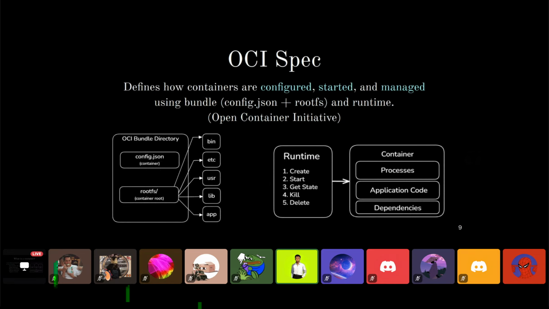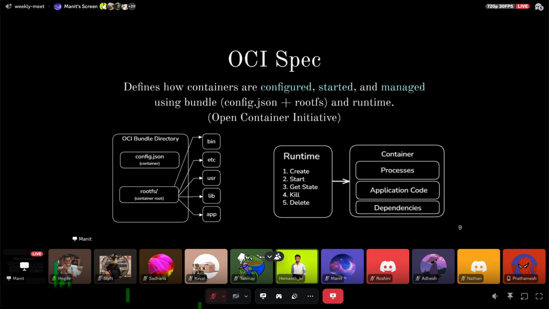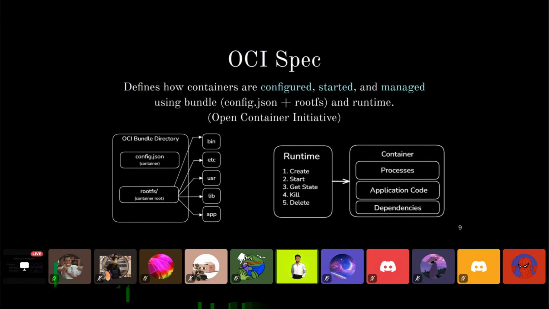Next, let's talk about the OCI specification. OCI stands for Open Container Initiative. It's a standard that defines how containers should be configured, started, and managed. The OCI has three specifications: the runtime spec, image spec, and the distribution spec. Since we are building a low-level runtime, we primarily focus on the runtime spec.